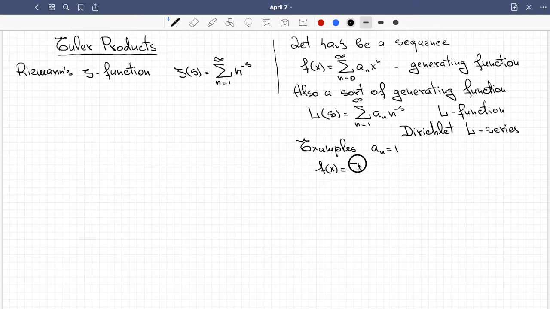Let us say that the sequence begins with 0.